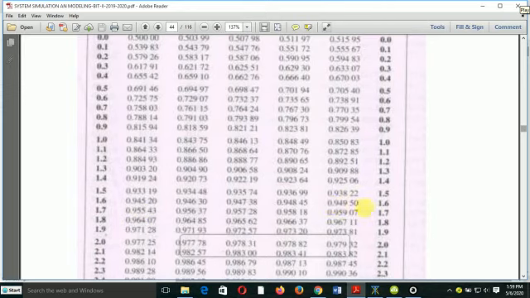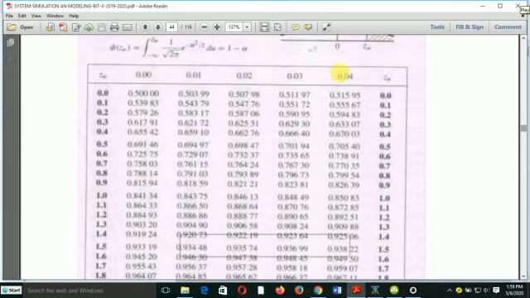When we check, we find that it is at row 1.6, but at which column? In column 4. How do we find it?